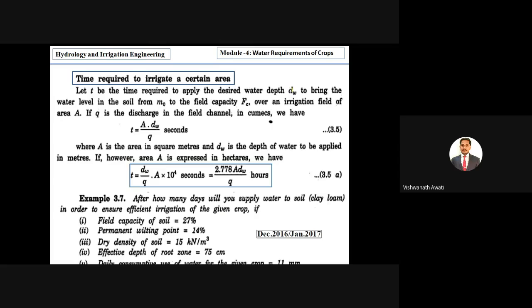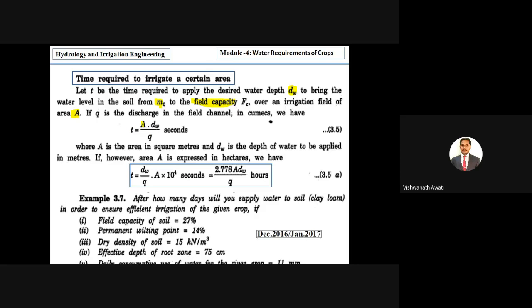It is the time required to bring the water level in the soil from minimum readily available water level Mo to field capacity Fc over an irrigation field of area A. If Q is the discharge in a field channel, we have the equation T equal to A into dW by Q, right?